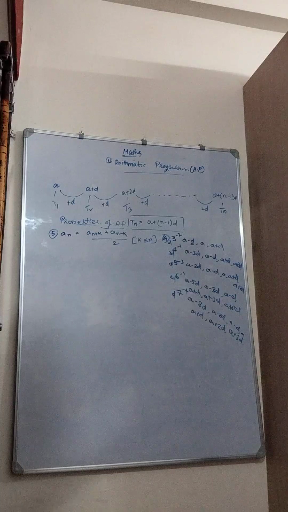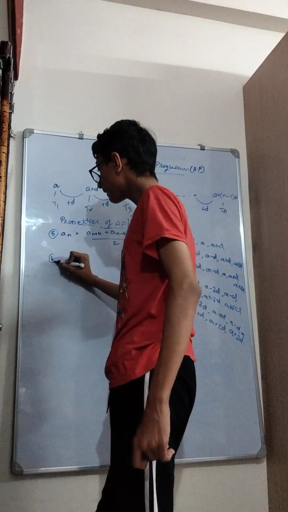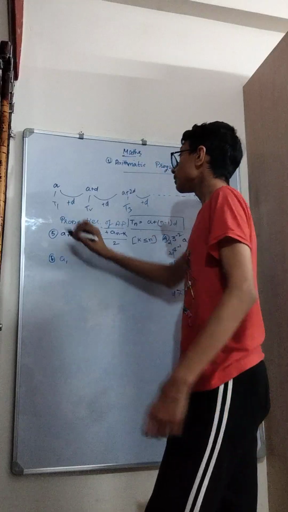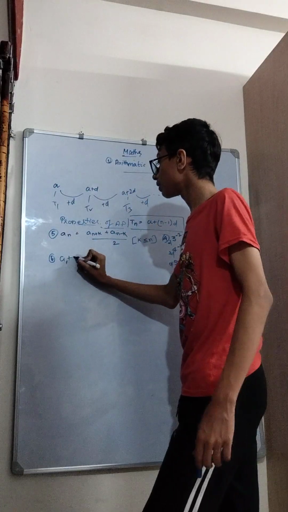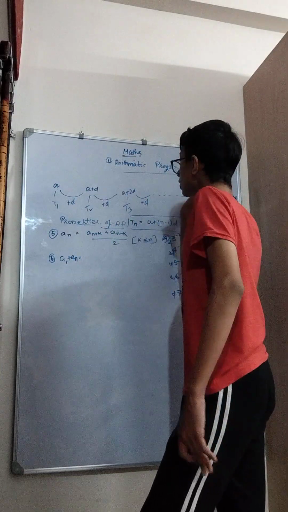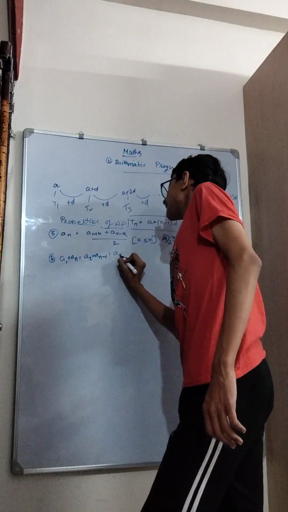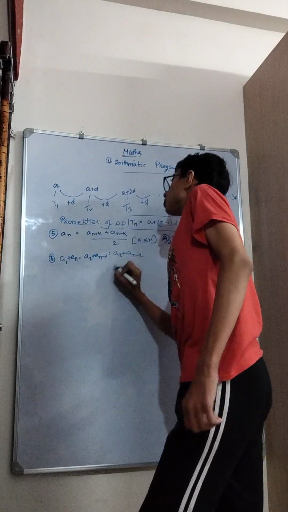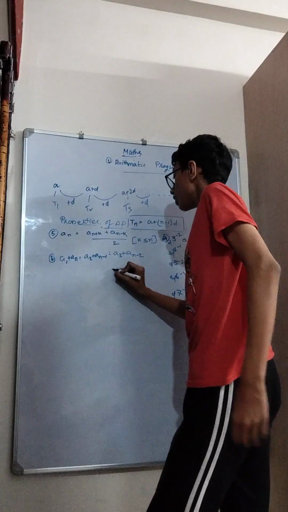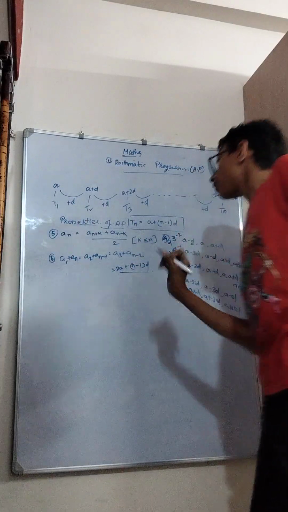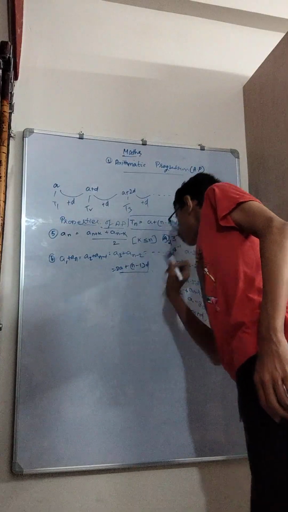Then next one, the 6th property. a1 plus an is equal to a2 plus an minus 1, which would be equal to a3 plus an minus 2, which would all have a sum of 2a plus (n minus 1) into d, and so on.